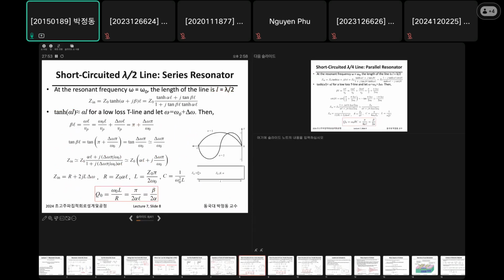So now let's talk about the resonance circuit for the short-circuited lambda over 2 transmission line. This is one of the most widely used resonators designed with a transmission line. This transmission line is easy to implement, right? You just design it like this, make it short, and choose the length as lambda over 2. Then what happens?